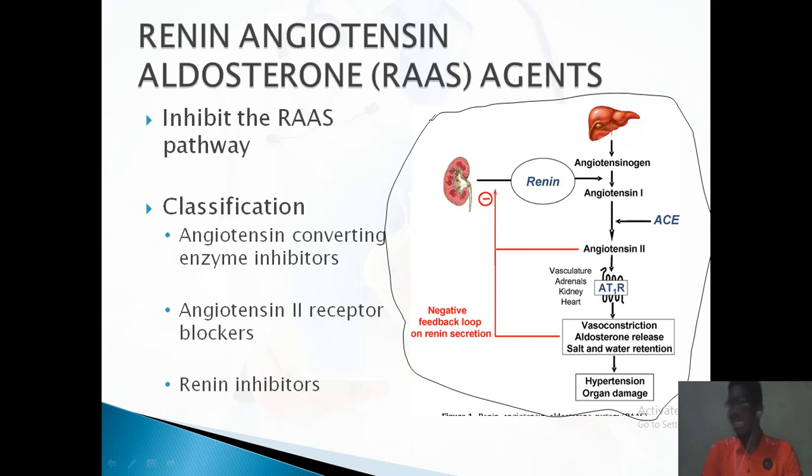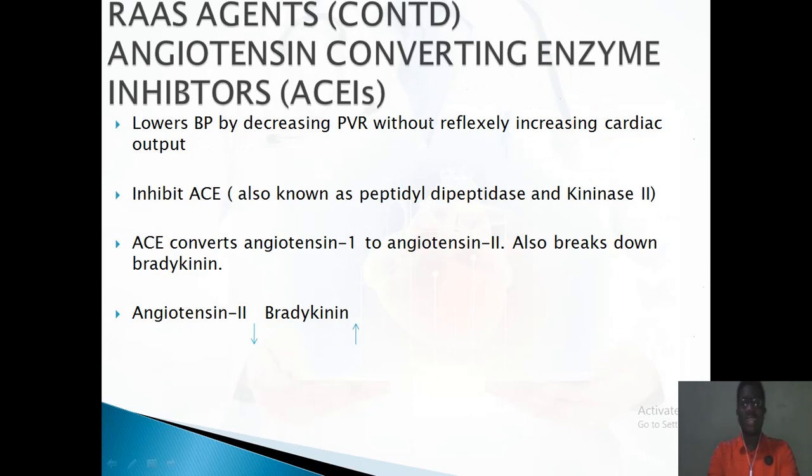So classification of the drugs. The RAS agents can be classified into 3: the angiotensin converting enzyme inhibitors, angiotensin 2 receptor blockers, and the renin inhibitors. Okay, so let's look at each one of them. First off, we'll be looking at the angiotensin converting enzyme inhibitors.